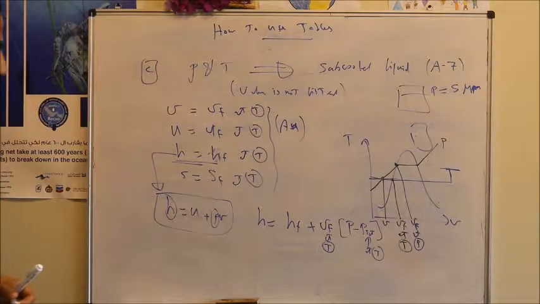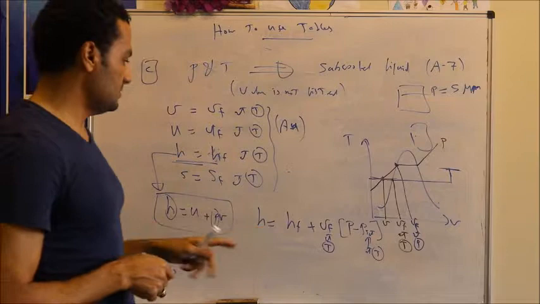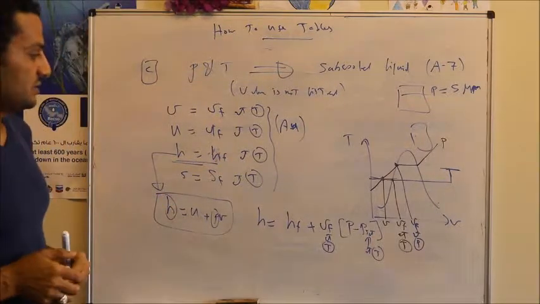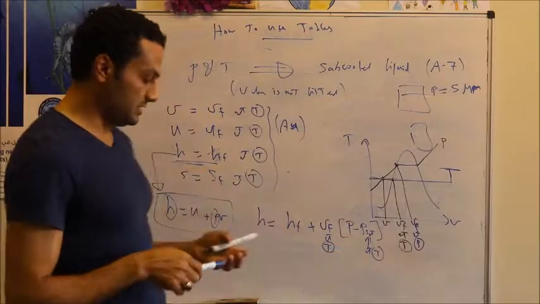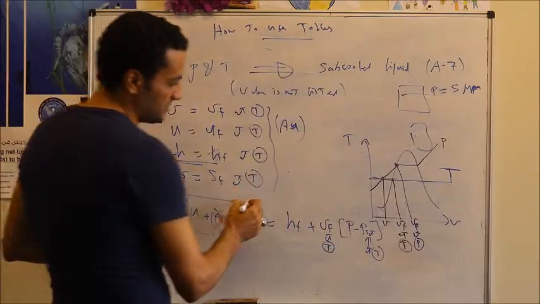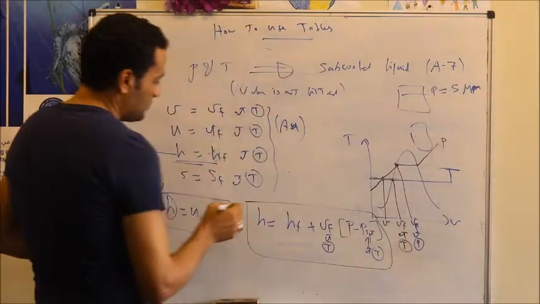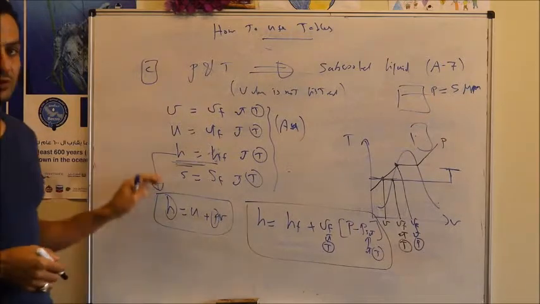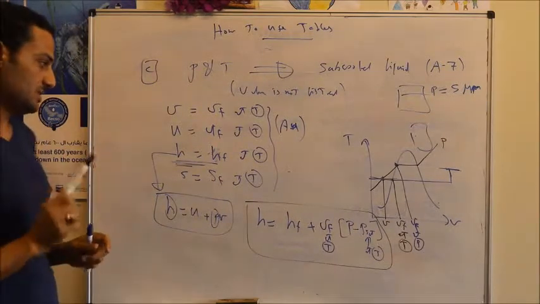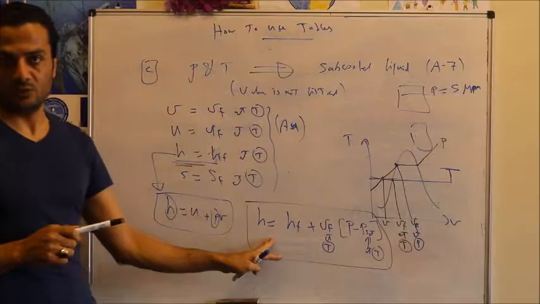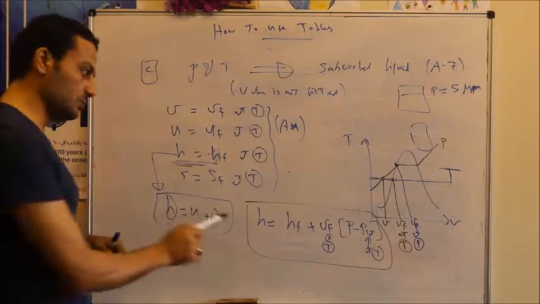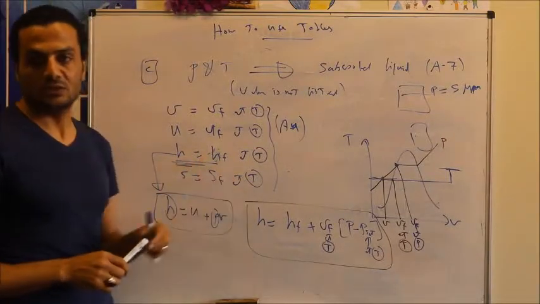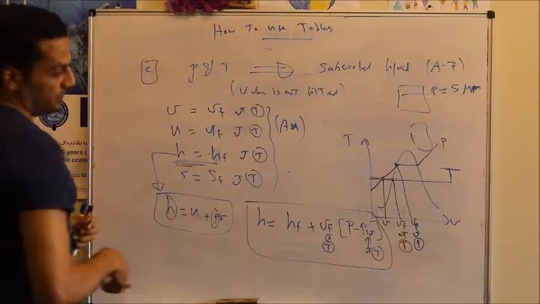So enthalpy will equal h_f plus v_f multiplied by the given pressure minus P saturation at the given temperature. Usually while using the table, I will consider h equal to h_f. This assumption will be valid while solving your problem, unless he asks you to calculate the exact equation for the enthalpy. If he asks you to do this, just use this equation. If not, then we can use the assumption h is equal to h_f.